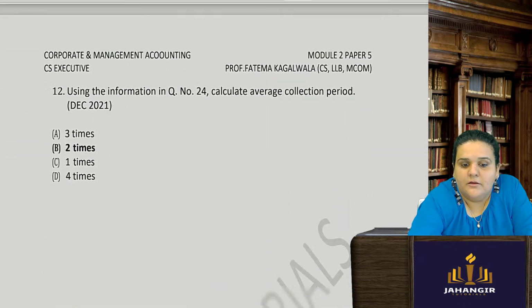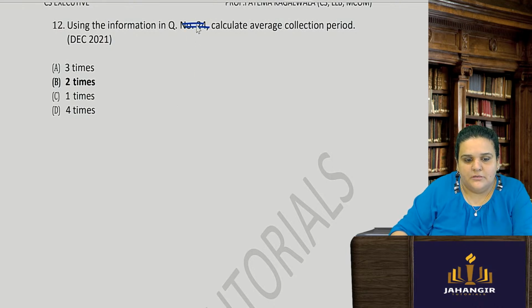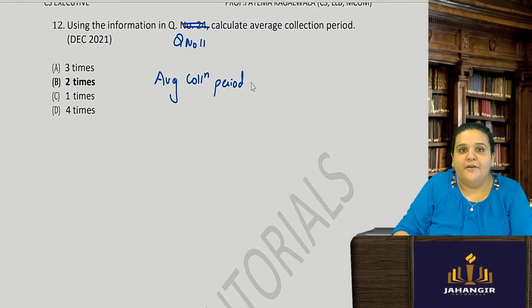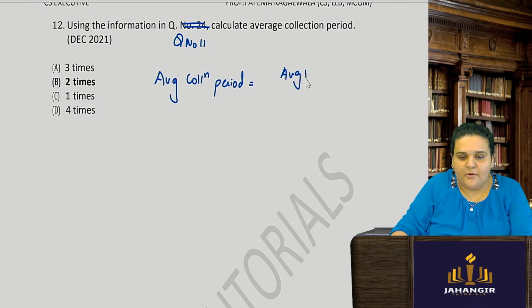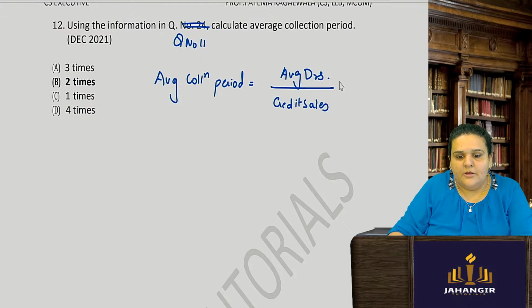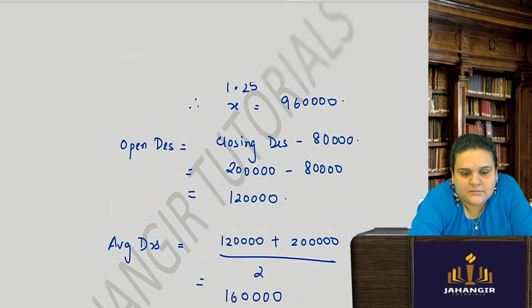Okay. Next one, using the same information in question number 11, calculate average collection period. So for average collection period, I have to just turn my first formula which I just did. It will be average debtors, I already have that, upon my credit sales, into whatever they are asking me in average credit sale. Okay, they have not told me months or year.